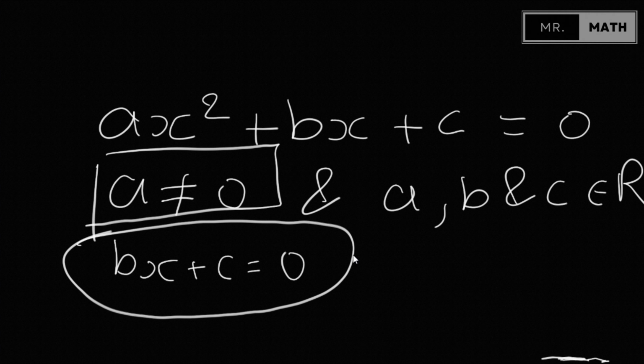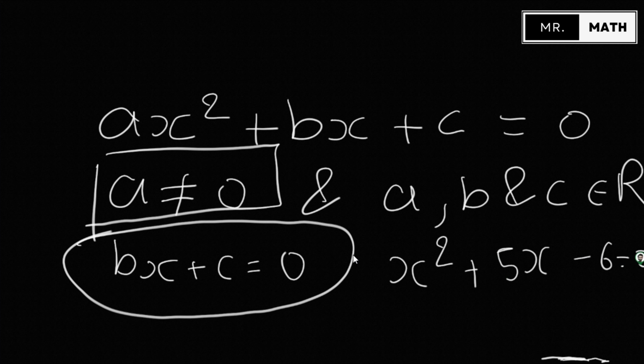So this is the general form, right? So let's write a quadratic equation. For example, x square plus 5x minus 6 is equal to 0. This is an example of quadratic equation.